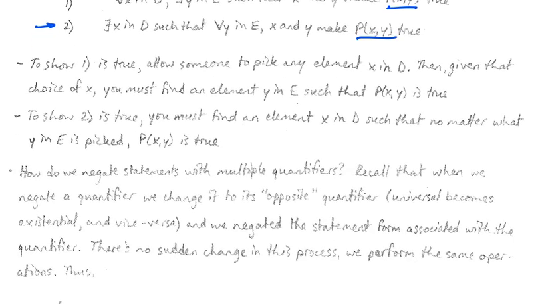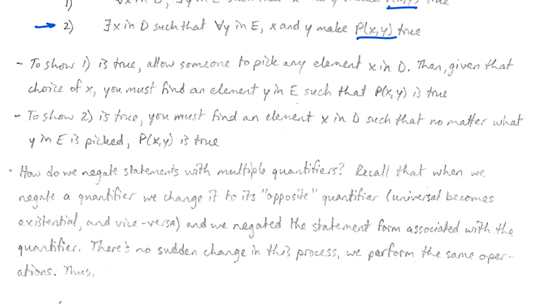So how do we take the negatives of statements with multiple quantifiers? Well, a couple videos back, we said that when it comes to taking the negative of a statement with one quantifier, you change the quantifier to its opposite, and then we take the negative of the statement form which contains predicates.